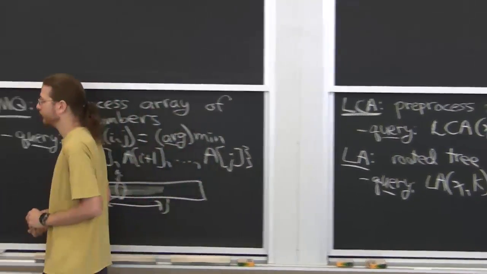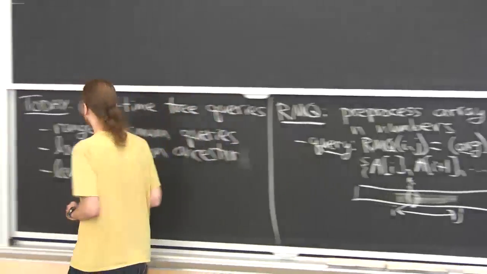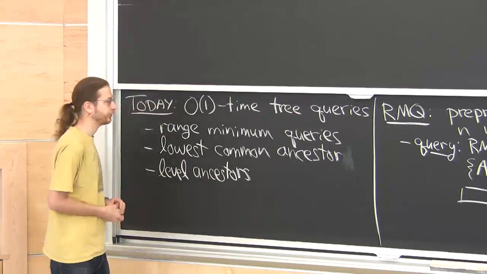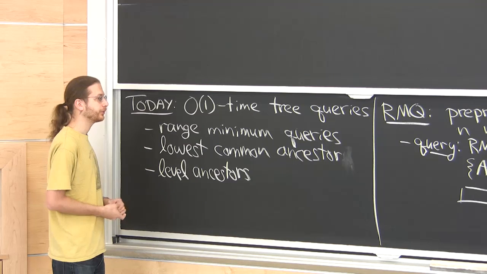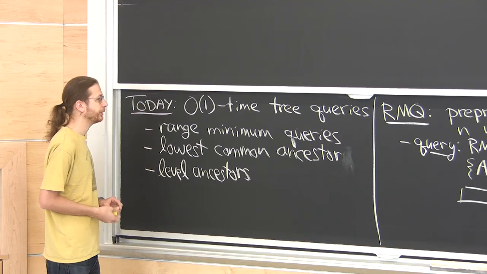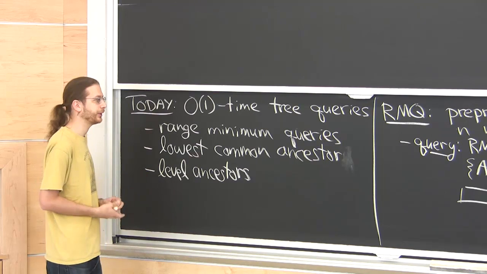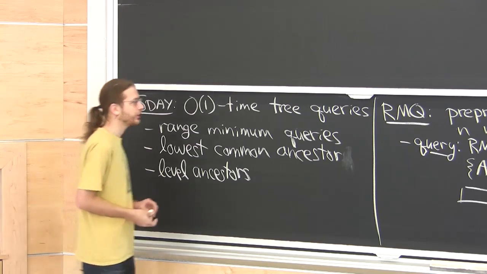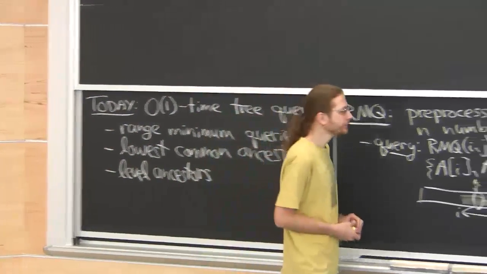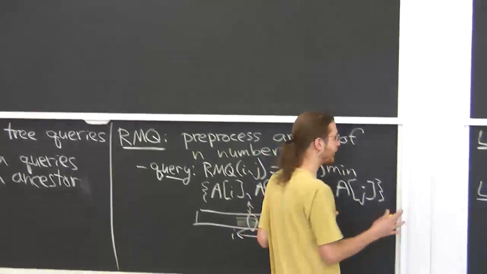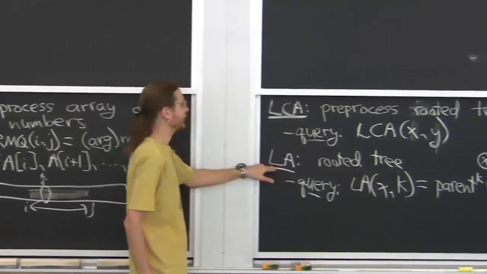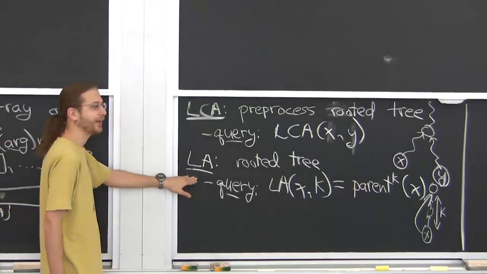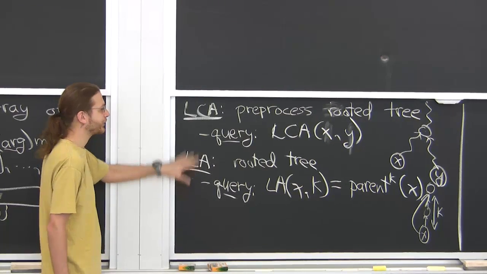Using somewhat similar techniques, we're going to use a nice technique called table lookup, which is generally useful for a lot of data structures. We are working in the word RAM throughout, but it's not as essential as it has been in our past integer data structures. Now, the fun thing about these problems is while LCA and LA look quite similar, I mean, they even share two letters out of three, they're quite different.